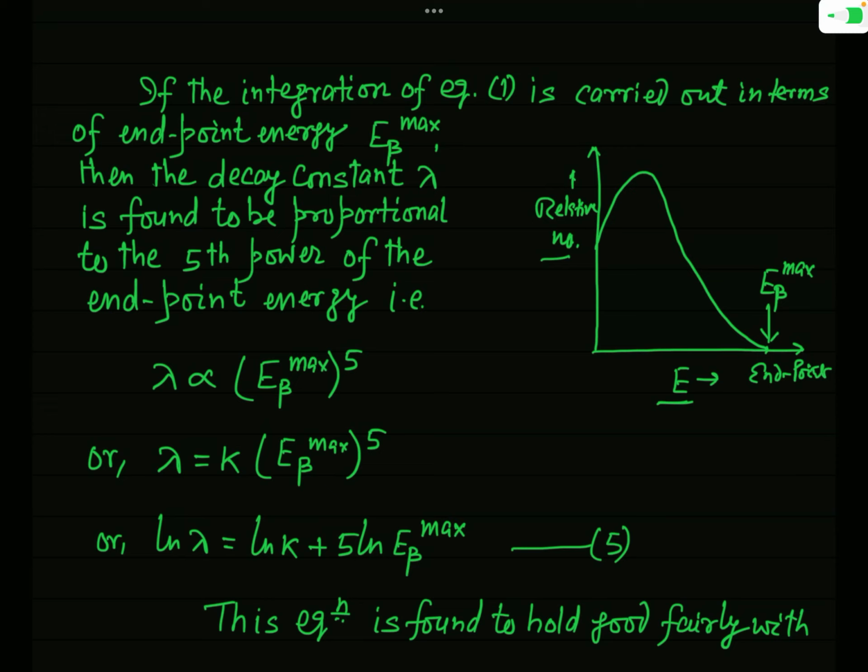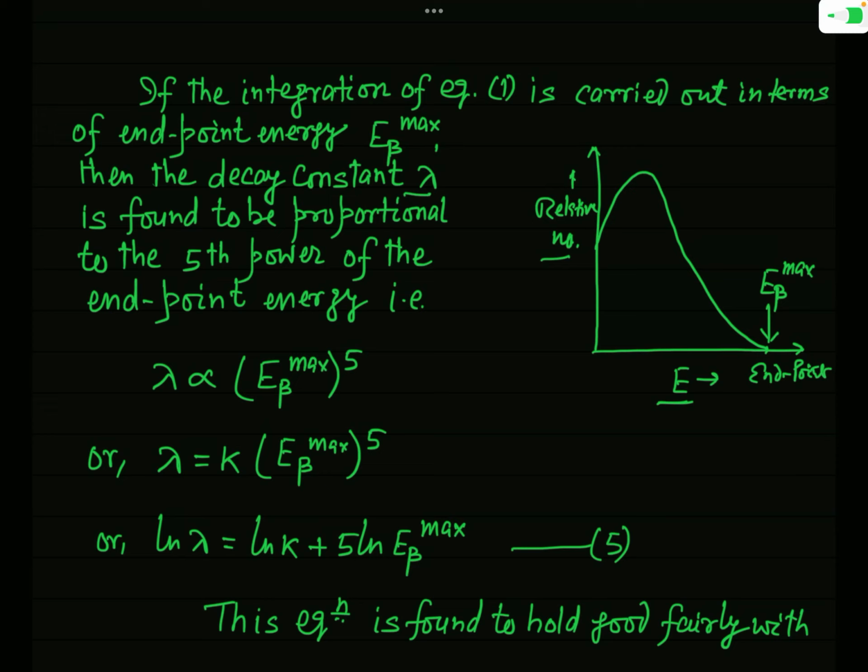So if the integral in equation 1 is carried out in terms of this end point energy, which is E beta max, it is found that the decay constant lambda is proportional to the fifth power of E beta max.